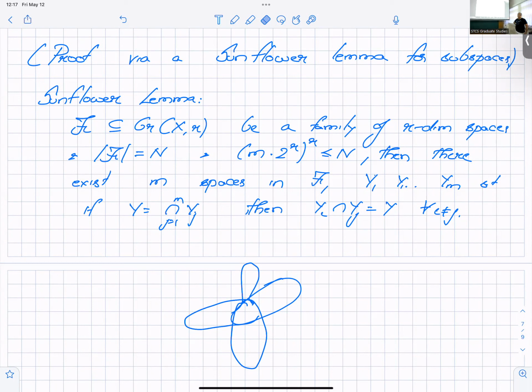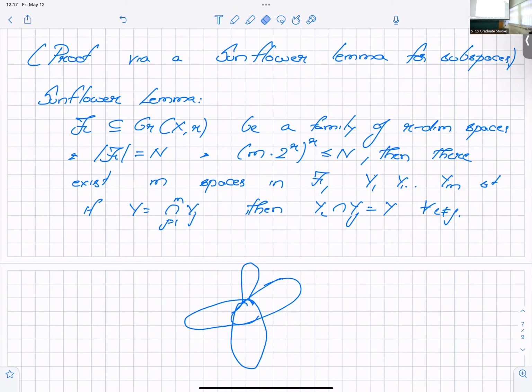Aren't you asking for more? Because actually the original sunflower conjecture, this is that thing exactly. yi intersect yj equals y, that's a statement about subspaces, not just elements. So nothing in the span of y's is... But as a statement, these are all just intersections, no?